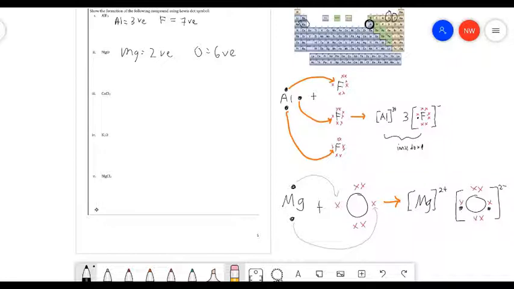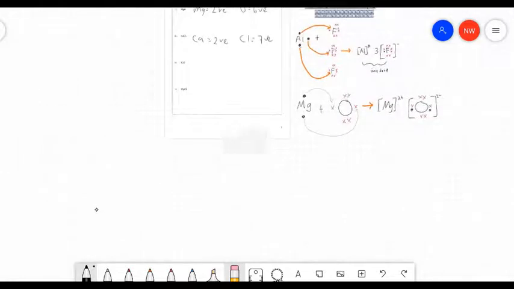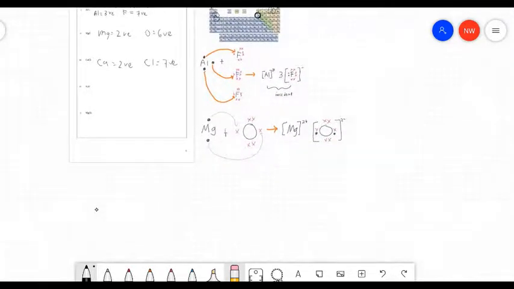Seterusnya kita tengok kalsium klorid. Untuk kalsium klorid kita tengok Ca. Ca group berapa di periodic table? Ca adalah group 2. So Ca akan ada 2 valence elektron. Klorin group 17. So klorin ada 7 valence elektron. Ada 2 atom klorin di situ. Jadi bila kita lukis, untuk Ca group 2 ada 2 biji elektron. 1, 2 tambah dengan klorin.